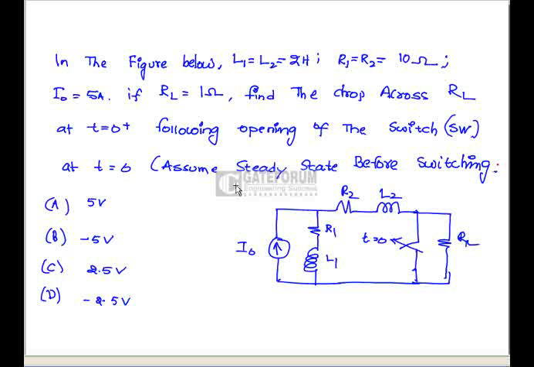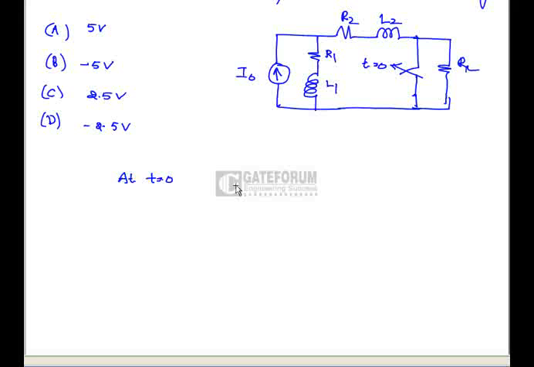See, at t equals 0 plus, we need to draw the diagram. So at t equals 0 minus, IL2 of 0 minus equals 2.5 amps.